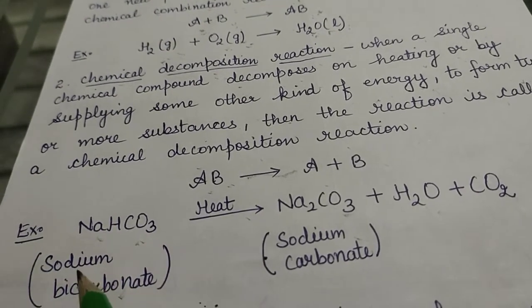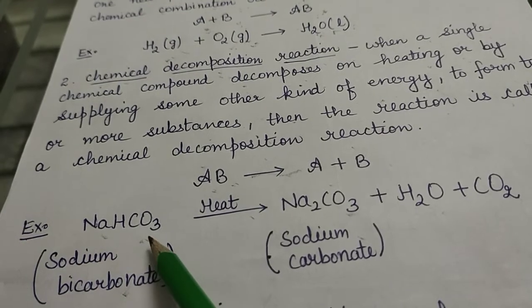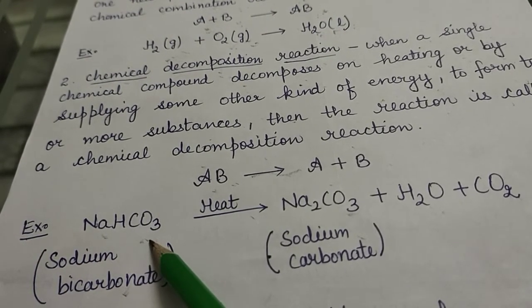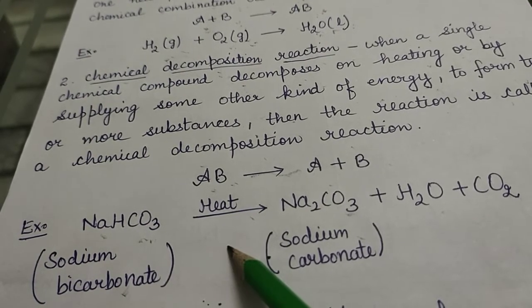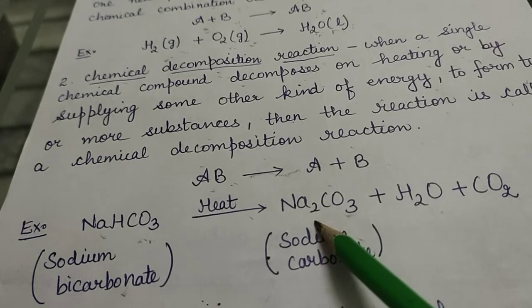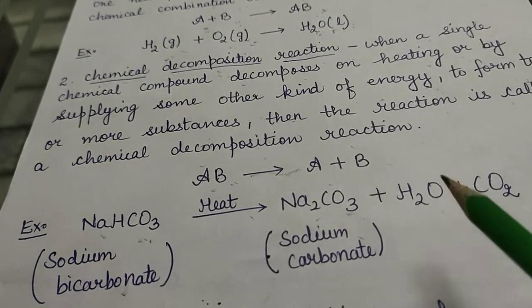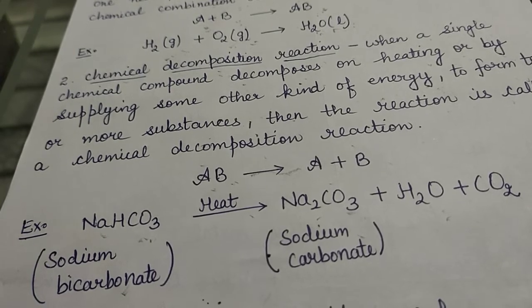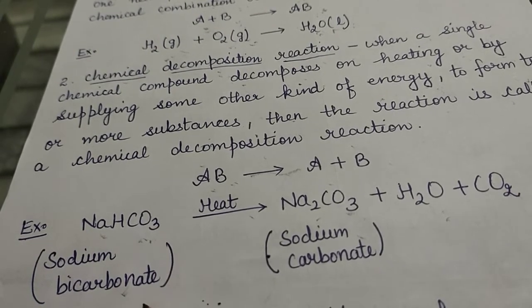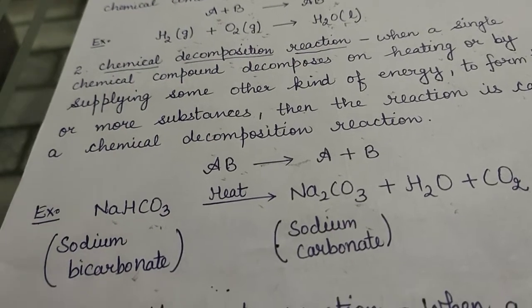Okay. For example, consider that you are having a compound sodium bicarbonate, and when we heat this compound, we get what? Sodium carbonate plus water plus carbon dioxide. Okay. From a single compound we are having what? Three products.